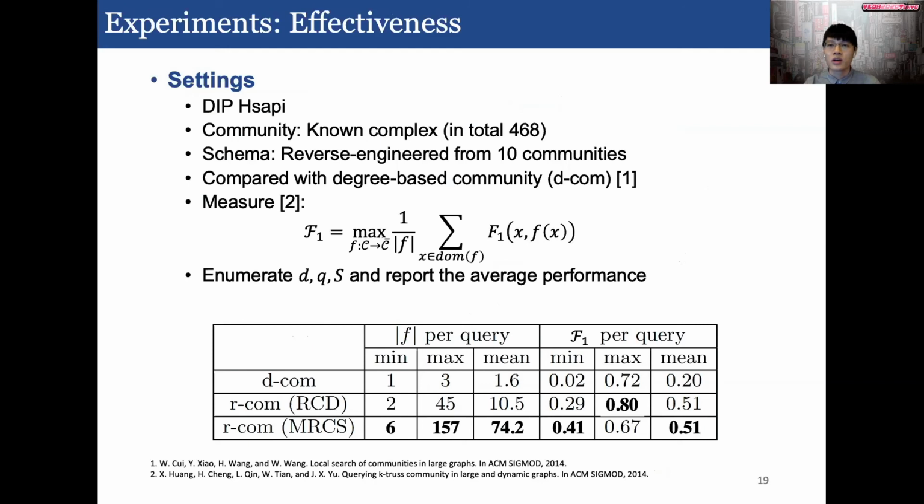We use schema extracted from 10 known communities and compare our model to the degree-based community model. We use a common measure from existing works, which maximizes a partial mapping F from detected communities to the ground truth. It is shown that our model outperforms the degree-based model in both the mapping size and the F1 score.